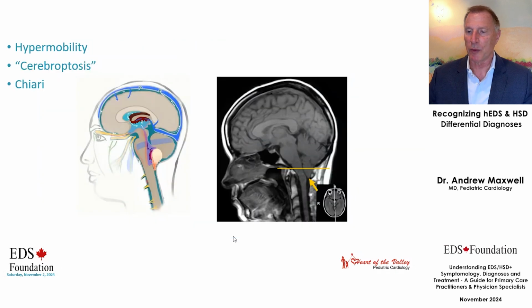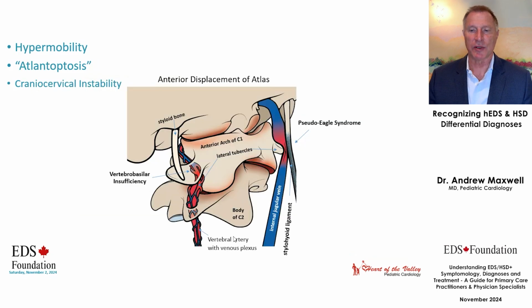At the top, we've got the Chiari malformation. Sometimes this is as simple as regular but low-lying tonsils of the cerebellum slipping into the foramen magnum of the C1. Atlantoptosis, whereby the C1 slips forward.